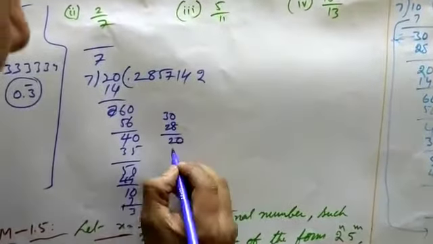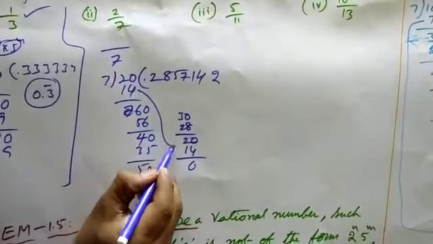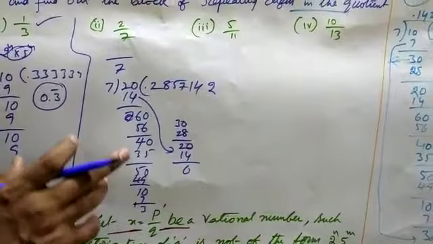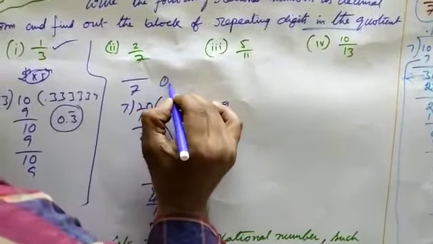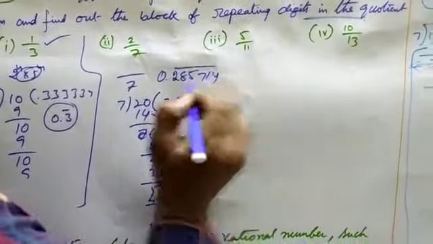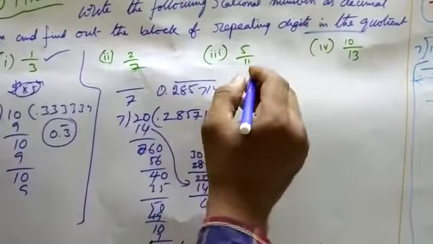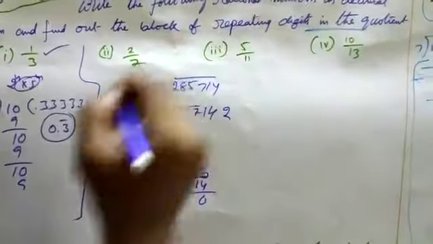Here it is repeating. This is a non-terminating repeating decimal. The simplest form is 0.285714.